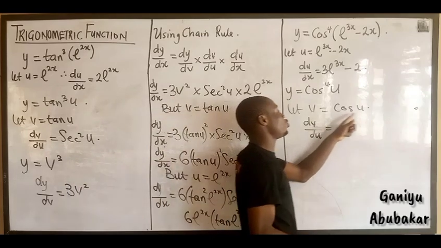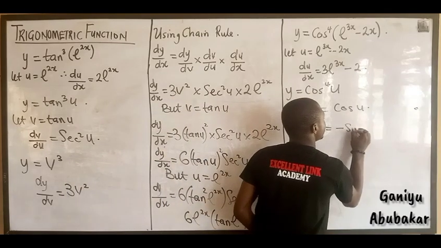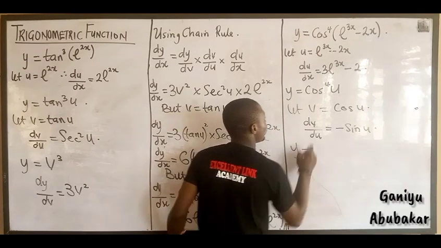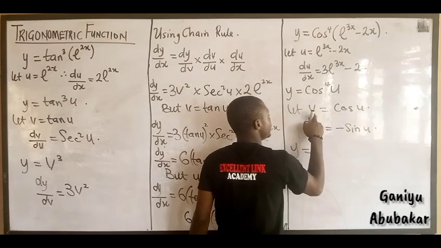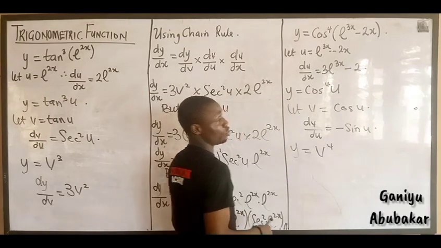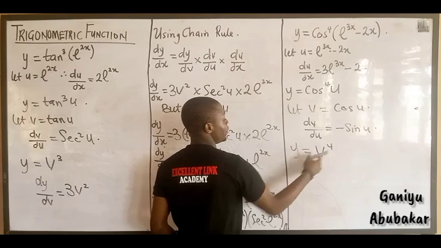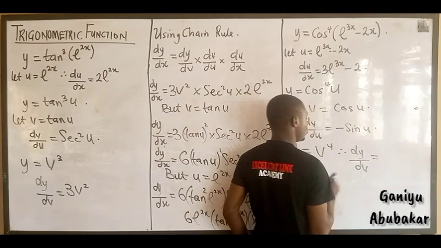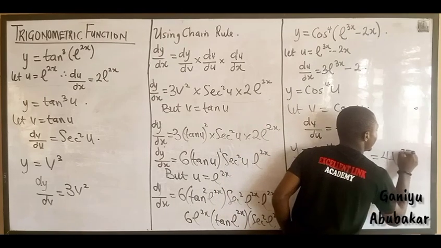Similarly, if I differentiate cos u, I will have negative sine u. At this point, y is now equal to v to the power 4. Of course, this is the general method here. Writing y in terms of v, dy/dv is equal to 4v to the power 3.